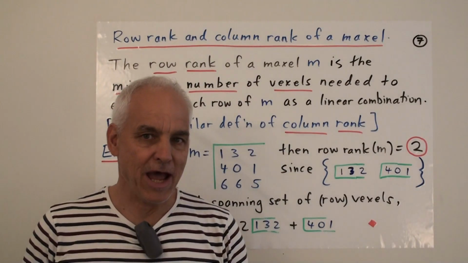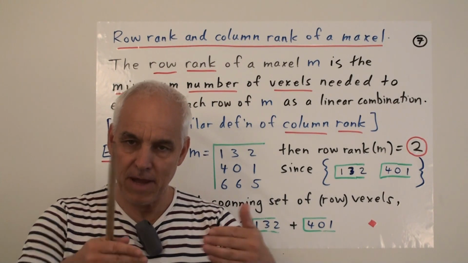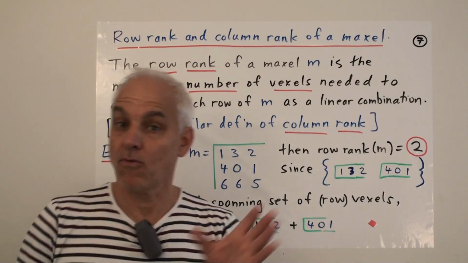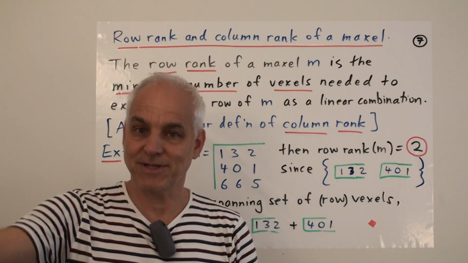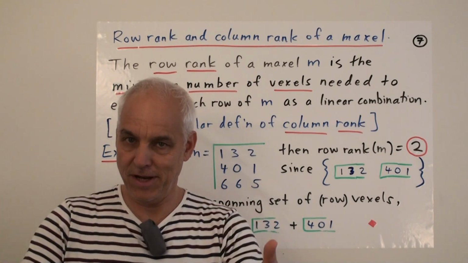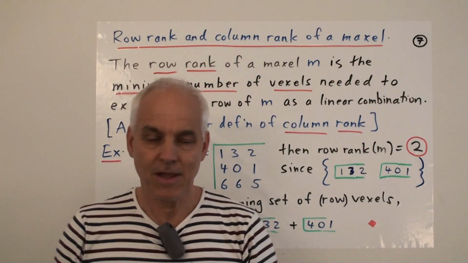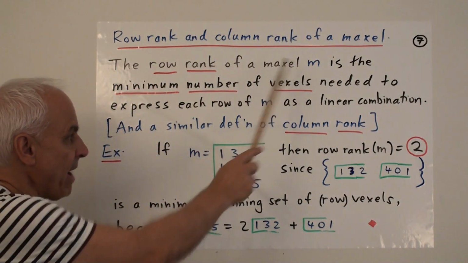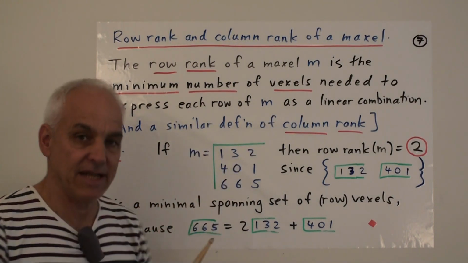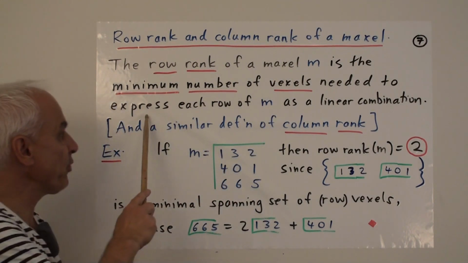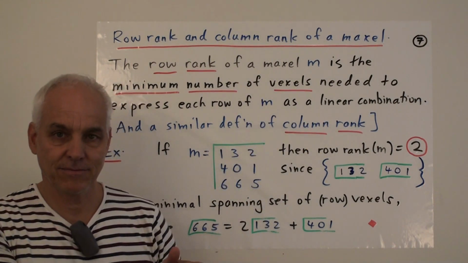Okay, so we want to now introduce the idea of the rank of a maxil. And we'll do that by having a preliminary discussion about row rank and column rank. And shortly we'll see that those two notions actually agree. But it's not obvious at first that they agree. So the row rank of a maxil M is defined to be the minimum number of vexels needed to express each row of M as a linear combination of the vexels.